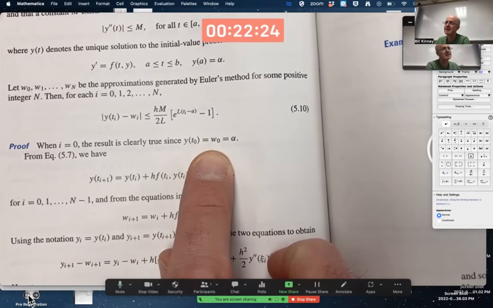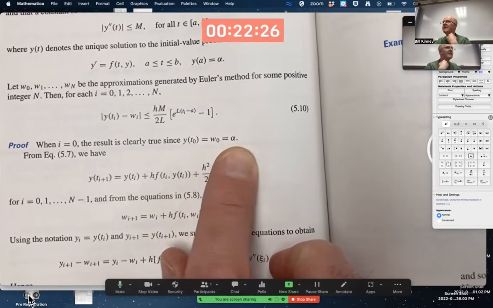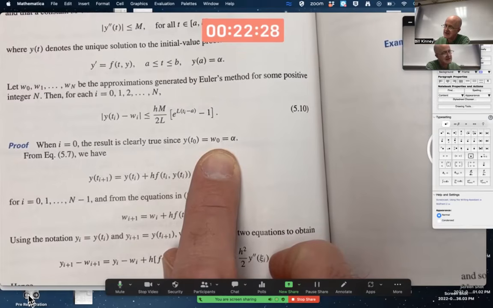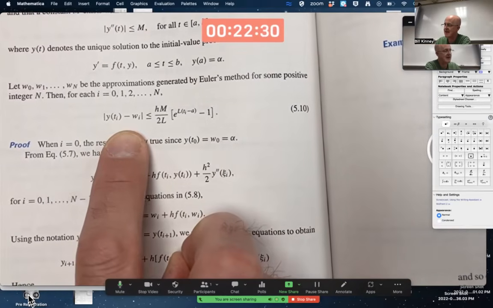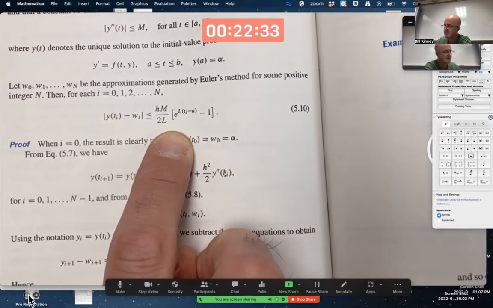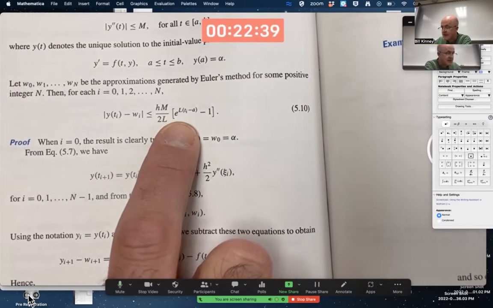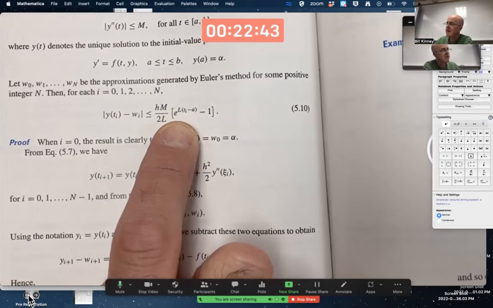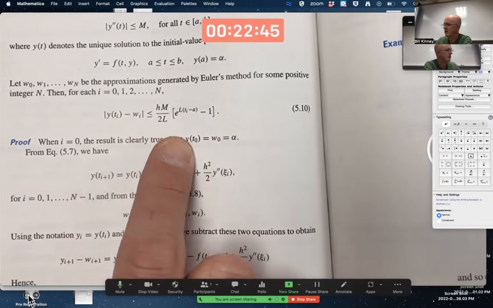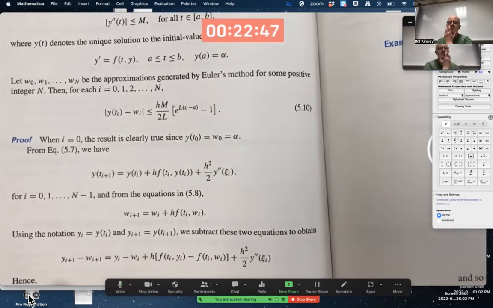In Euler's method, w_0 is defined to be alpha, the initial value of y. So that's 0, and this is something bigger than 0, or 0 itself, actually. If t_i equals a, you've got e to the a minus a is e to the 0 is 1, 1 minus 1 is 0. You get 0 is less than or equal to 0 when i is 0.